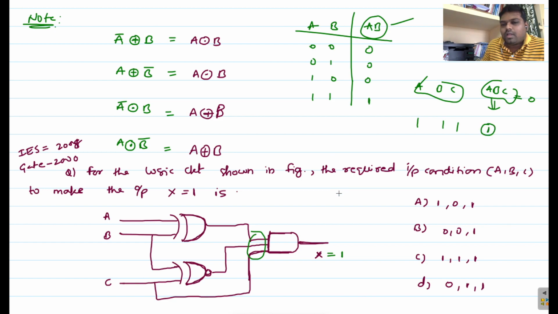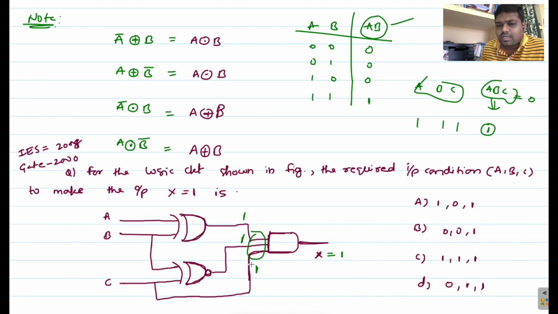That means if X equals 1, that is possible only when all the inputs of this particular AND gate are high. That means you can indicate 1 1 1 here. If all the inputs are 1, then only the AND gate output will become high.